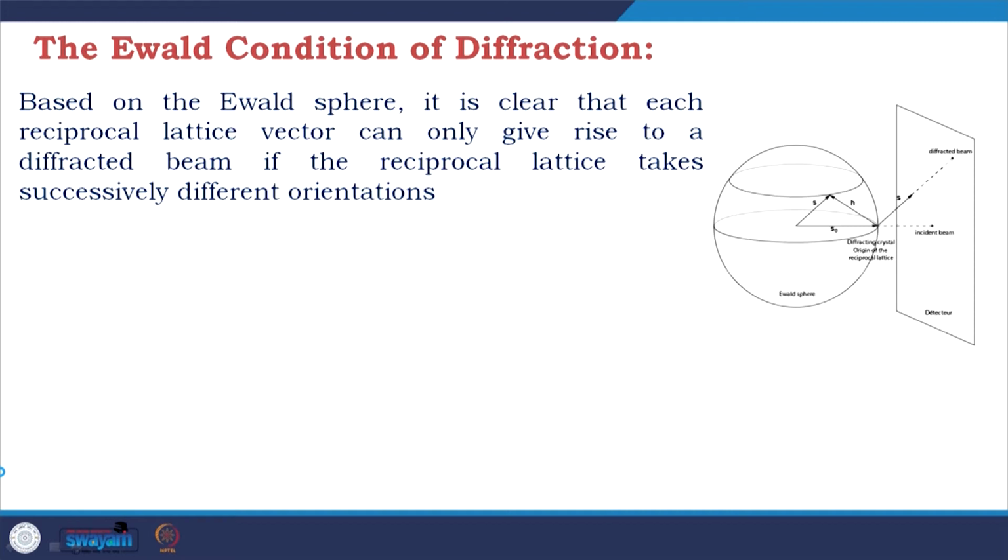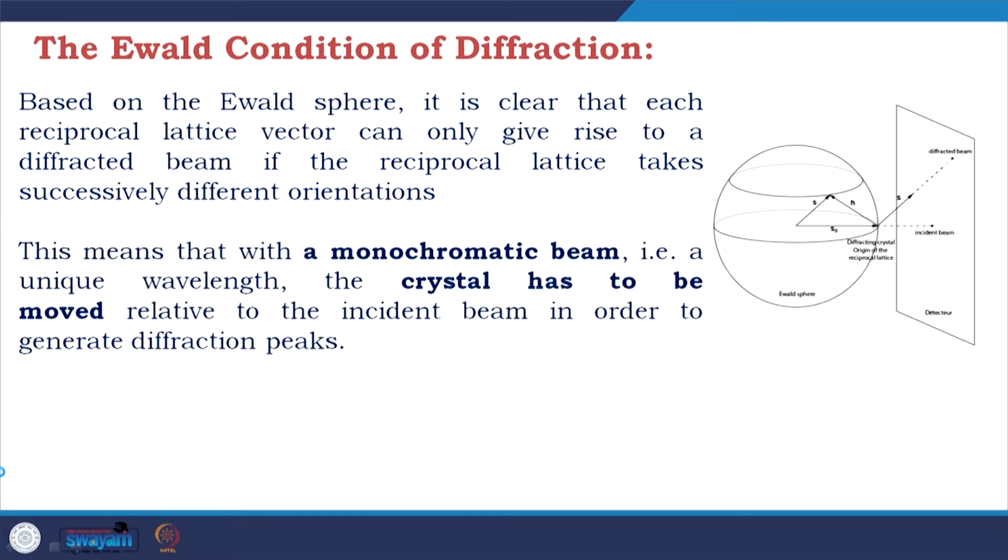Now, based on the Ewald sphere, it is clear that each reciprocal lattice vector can only give rise to a diffracted beam if the reciprocal lattice takes successively different orientations. So, you look at the picture, you see here the center, it is S0 and this is H. Now, where it would cut, then you will get the diffracted beam.